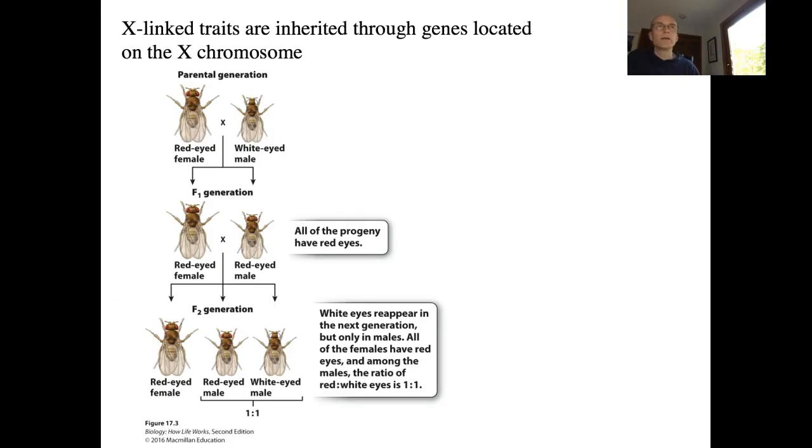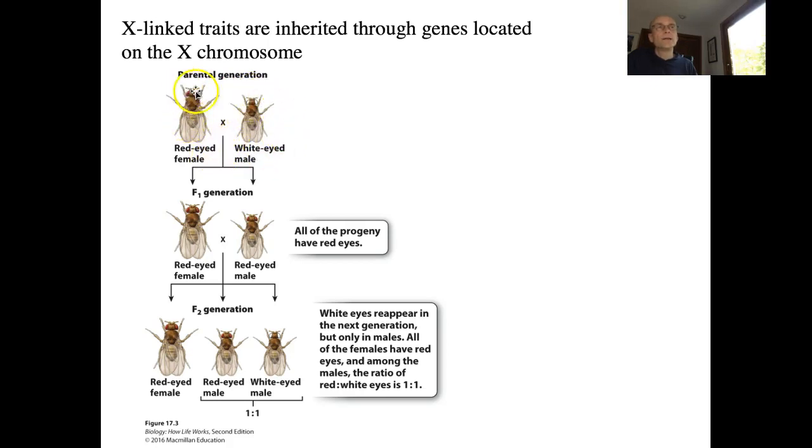Thomas Hunt Morgan was working on flies, on fruit flies. And he was crossing flies with different mutations to each other. One experiment that has become famous and that is described here in your book is the one where he crossed a red-eyed female with a white-eyed male.